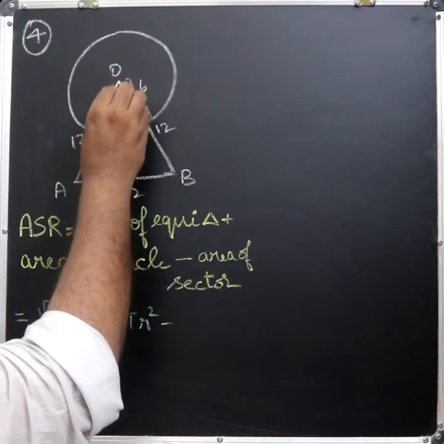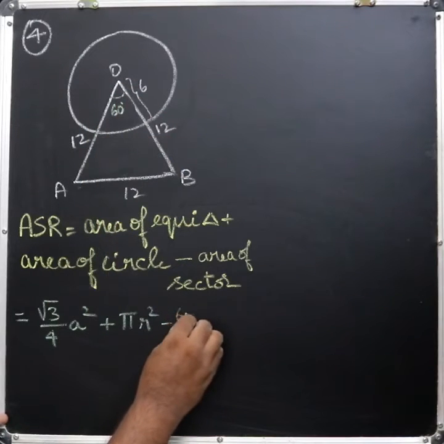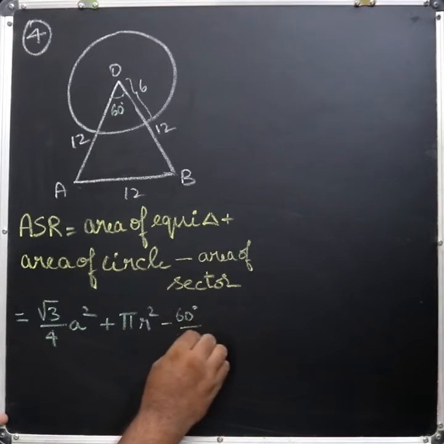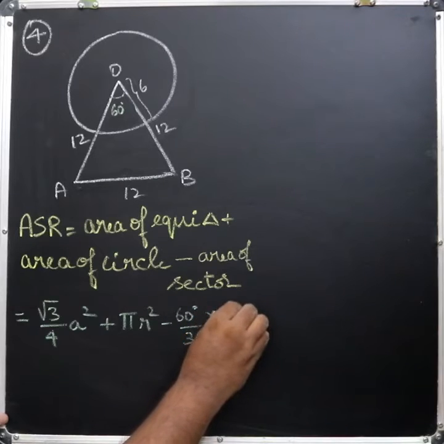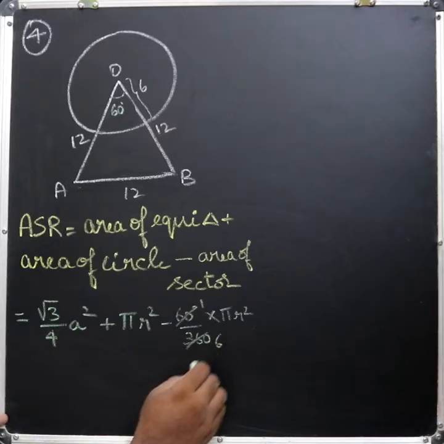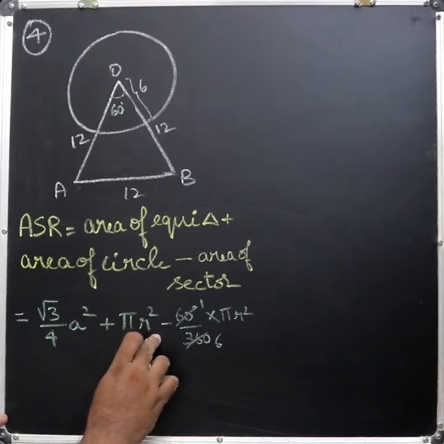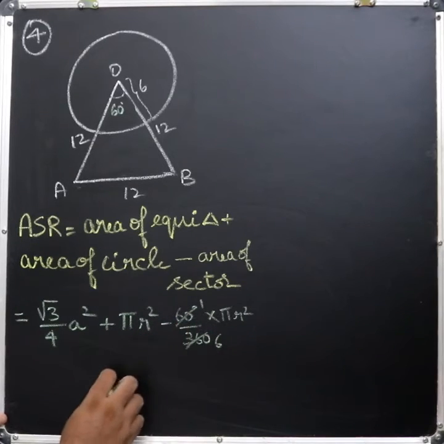Since it is an equilateral triangle, the angle here is 60 degrees. So we are going to have 60 degrees by 360 degrees into pi r squared. Now when you cancel, this is 1 time and this is 6 times. So we are going to have pi r squared minus 1 by 6 pi r squared.